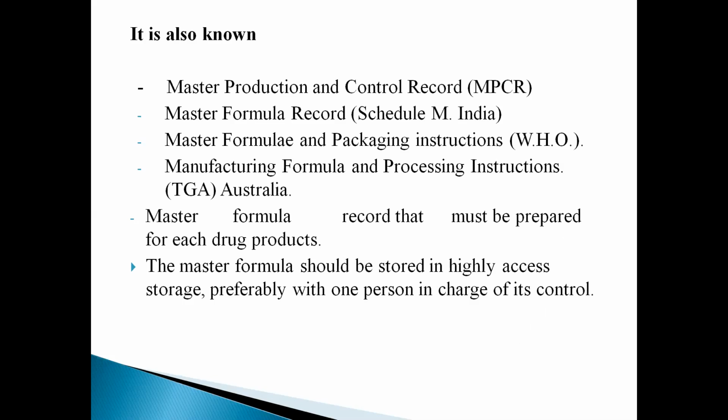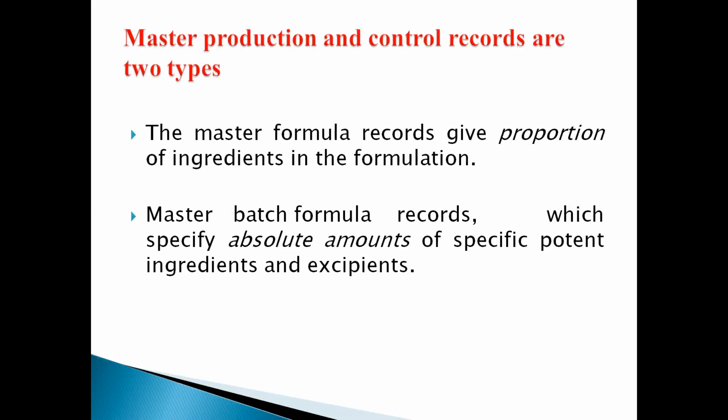The master formula record must be prepared for each drug product. Then the master formula should be stored in highly access-controlled storage, preferably with one person in charge of its control. The MPCR, that is master production and control records, are again of two types.